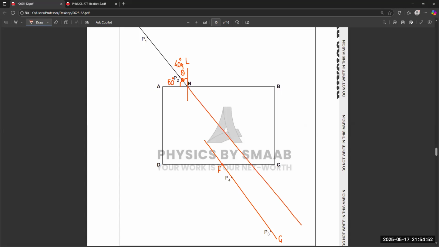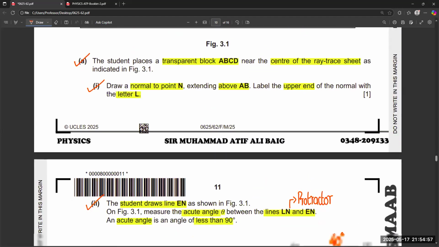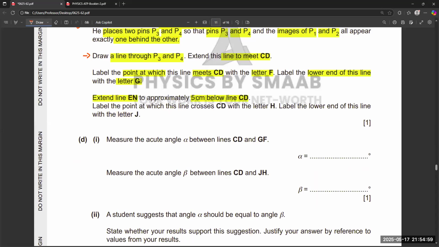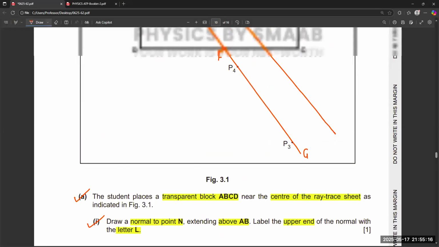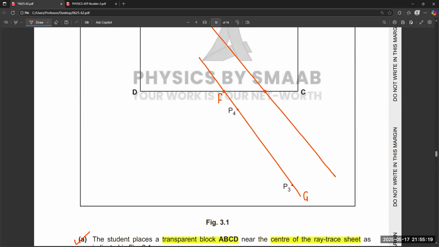This is approximately 5 centimeter for me. And we have to mark the top of this line with the letter H and the lower end of this line with J. So the top point H, lower point J. So this is H and this is J. This is the simple instruction.